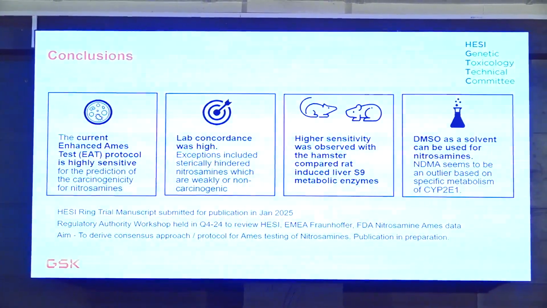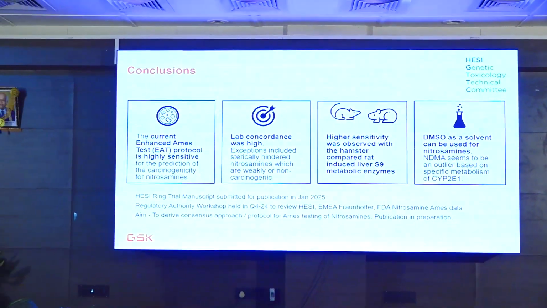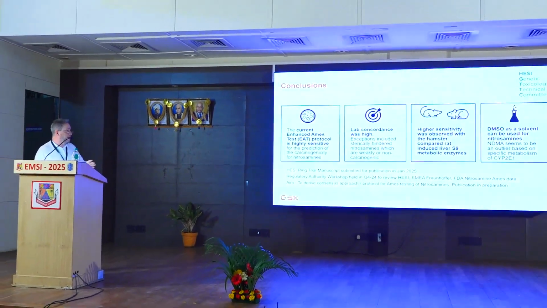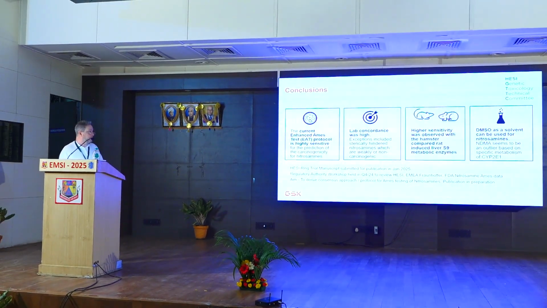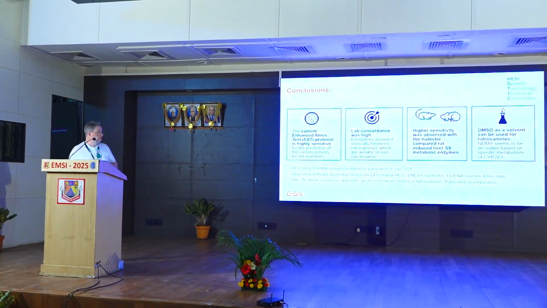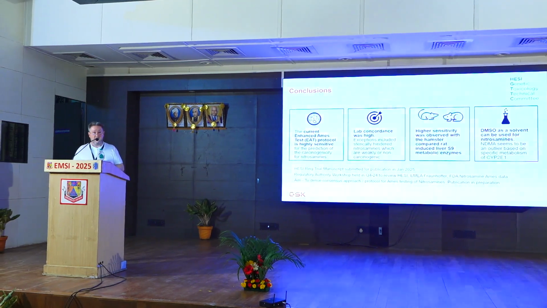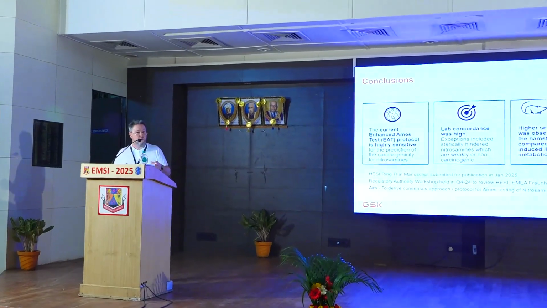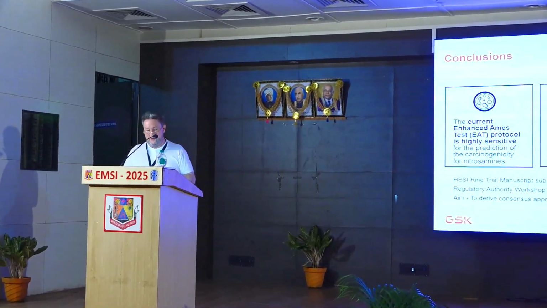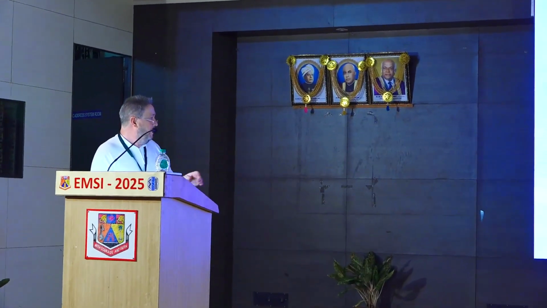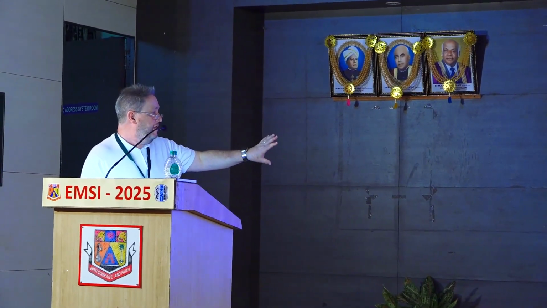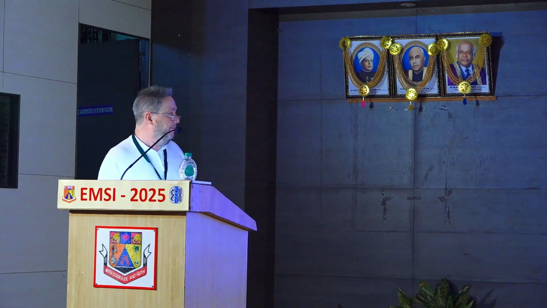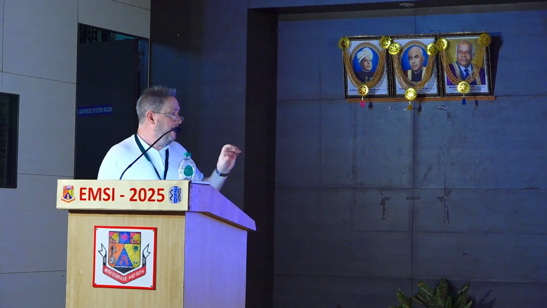Again, we confirmed that the hamster was more sensitive compared to the rat liver S9s, and we saw that DMSO is perfectly adequate as a solvent, which is important for pharmaceuticals because a lot of the molecules will be insoluble in water. And then in the last quarter of 2024, we held a meeting with HESI.